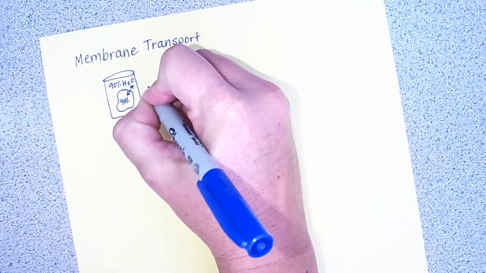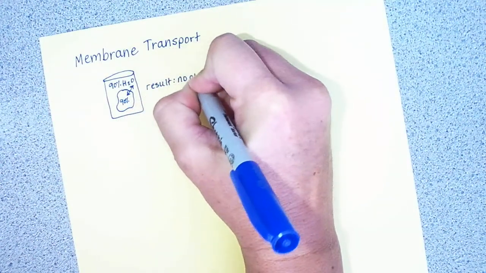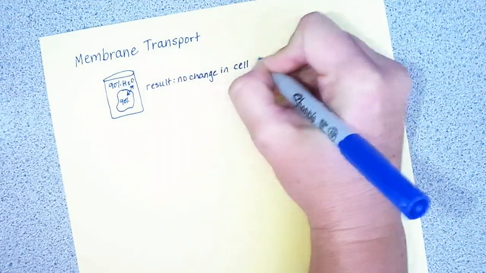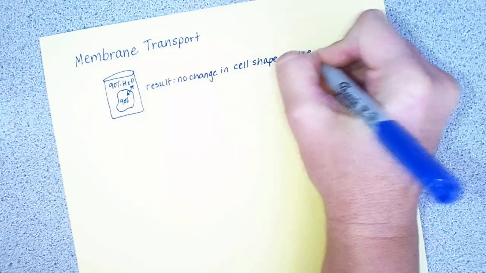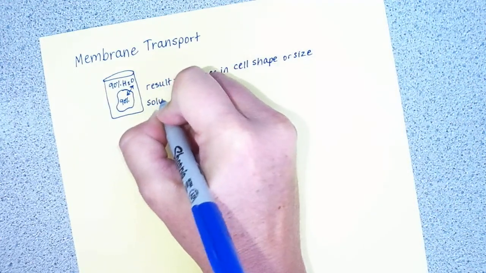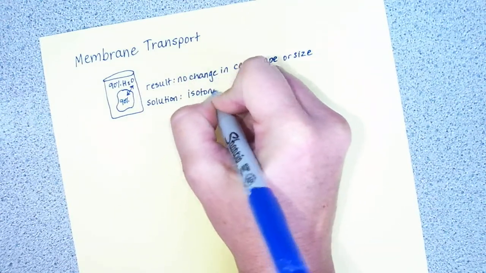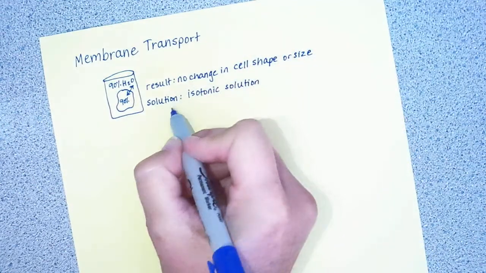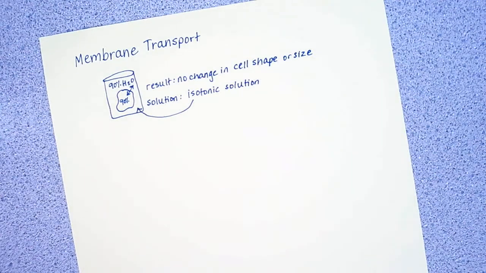And as a result, there is no change in the cell shape or size. And the solution, therefore, is what we call an isotonic solution. That is talking about the solution that's sitting here in the beaker.